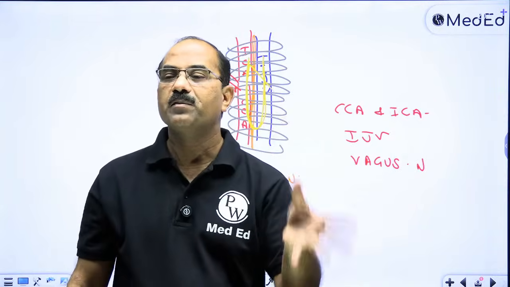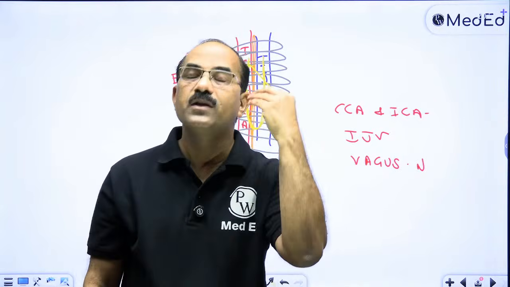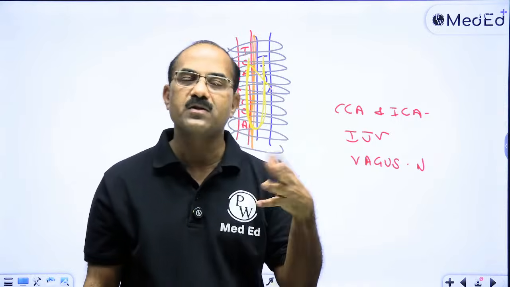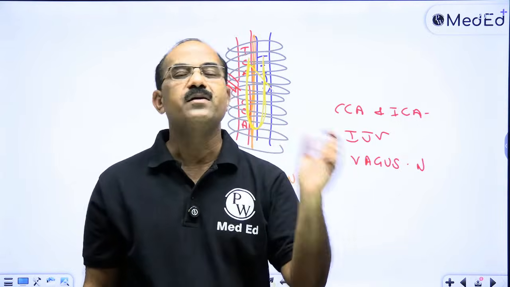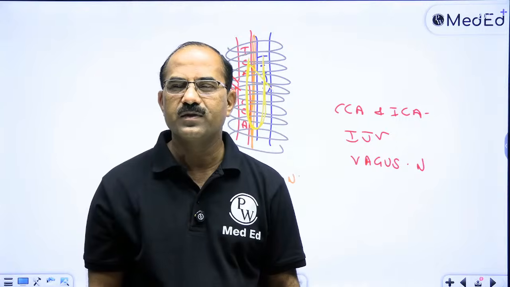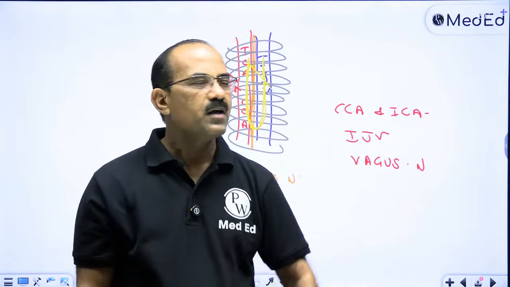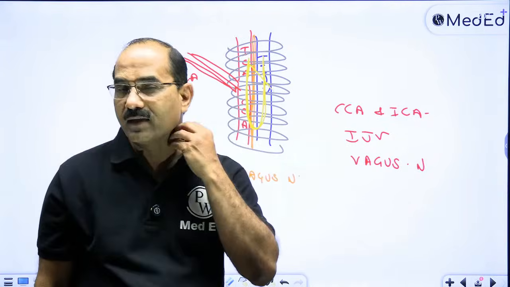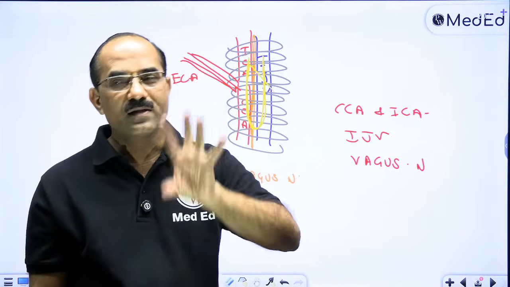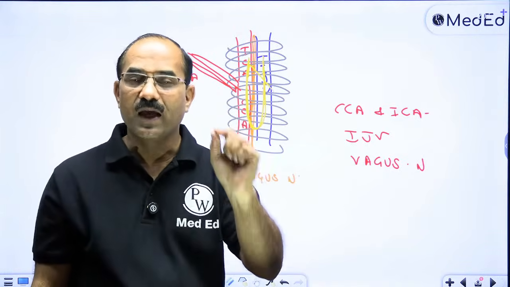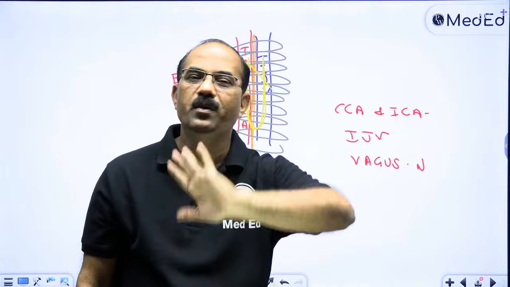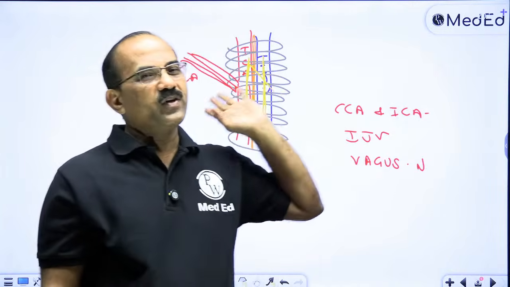And इसके बाद हमने पढ़ा Ansa Cervicalis, the nerve supply of these muscles. Ansa Cervicalis lies on the anterior wall of carotid sheath and supplies all the muscles except thyrohyoid.